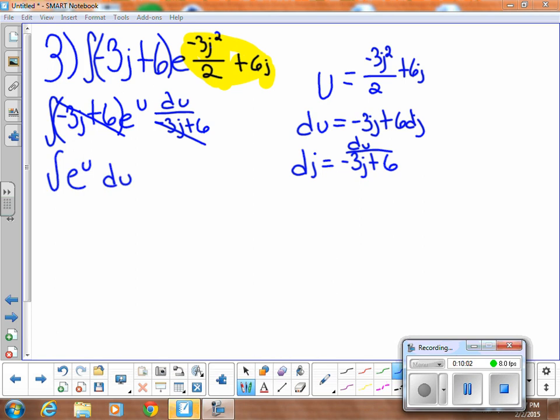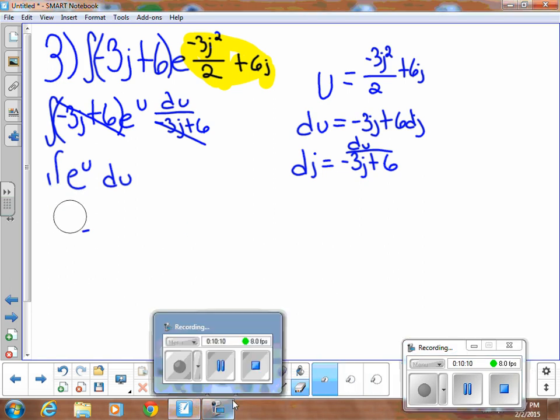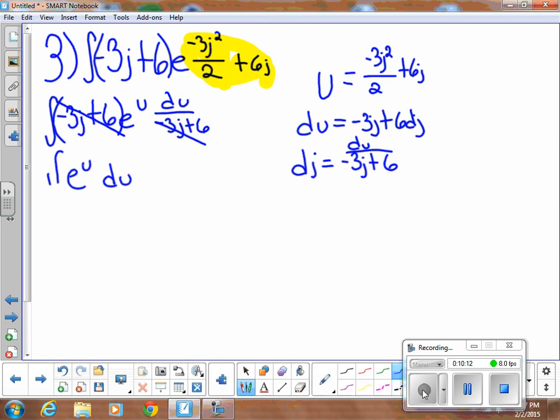And the integration of e to the u is e to the u plus c, and then we can go back and substitute what u was standing for.